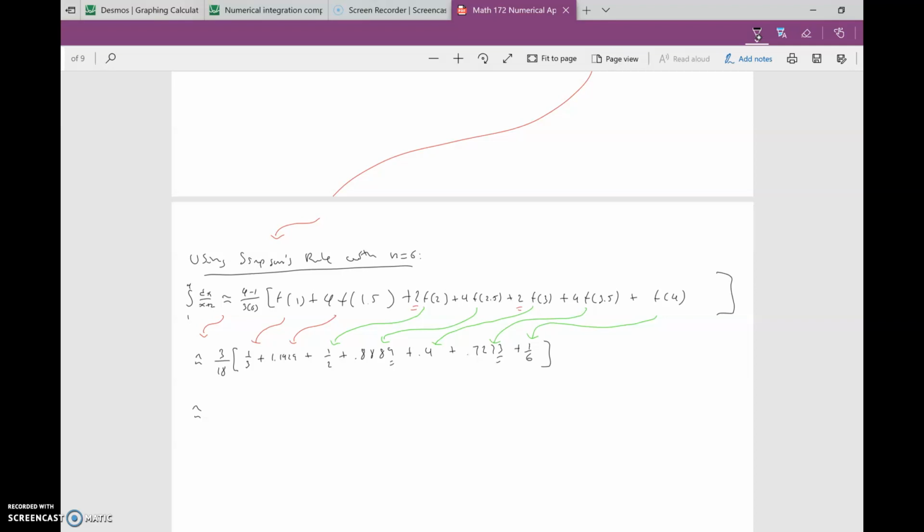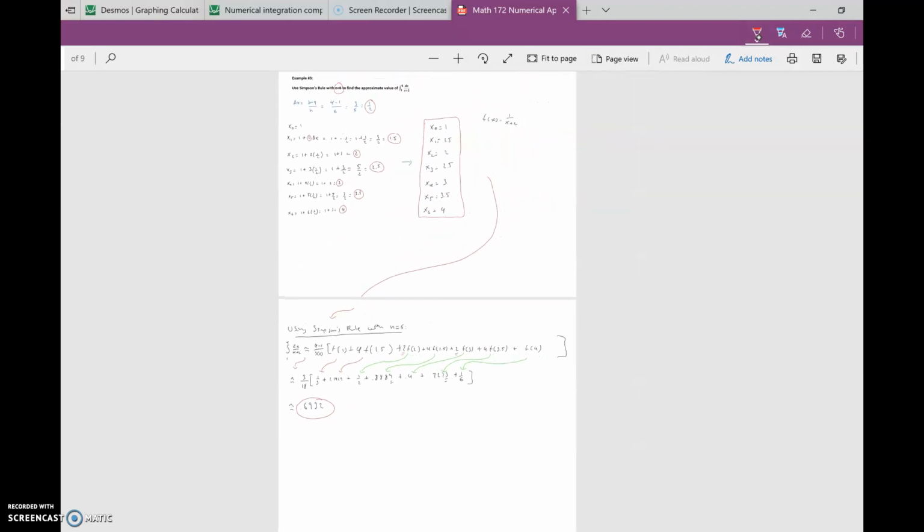Okay, so I'm getting that this is approximately 0.6932. Okay, so this is the approximation that we're obtaining.